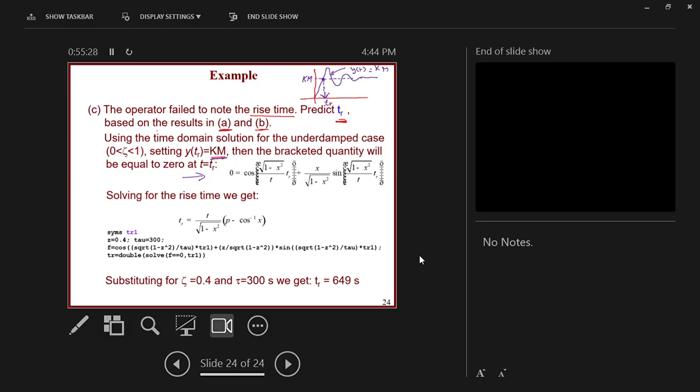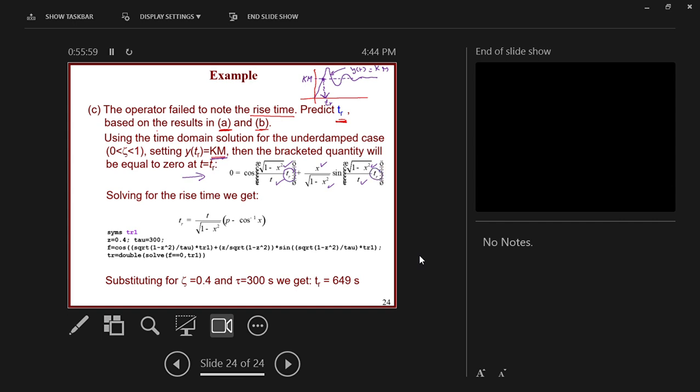Do you remember? There was a Km and 1 plus something. So when I bring it to the other side, it will be negative Km, and it will cancel with this. It becomes 0, and then the right-hand side will contain those two periodic functions. Now we need to solve this equation. This is known. This is known. So everything is known. The only unknown is the TR.